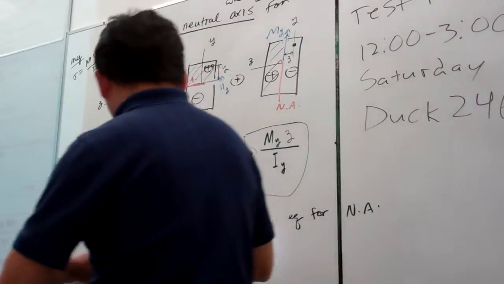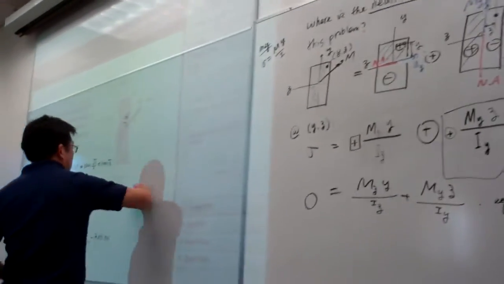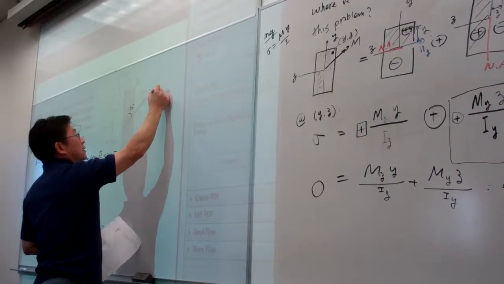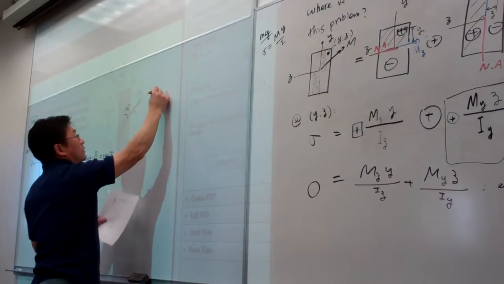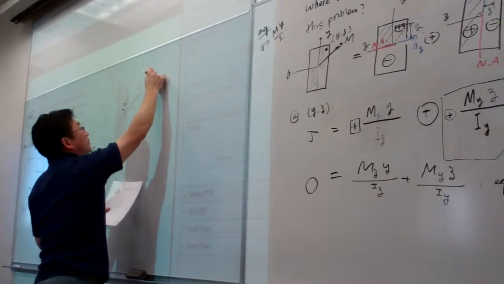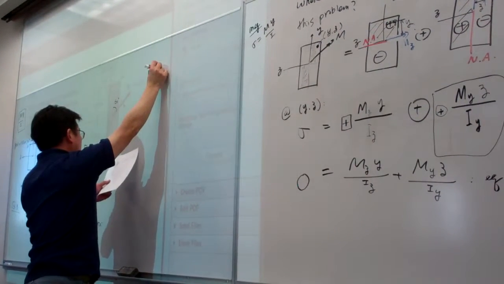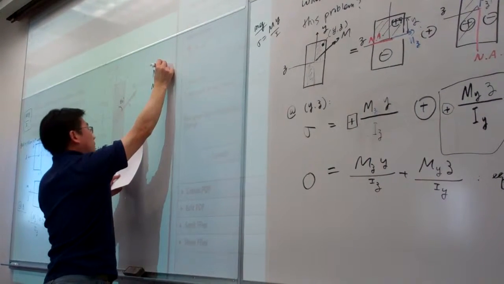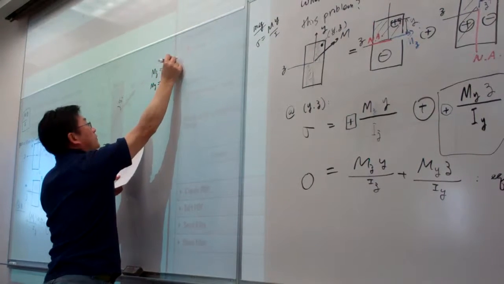So here, for example, My, Mz equal to 300 square root of 3.